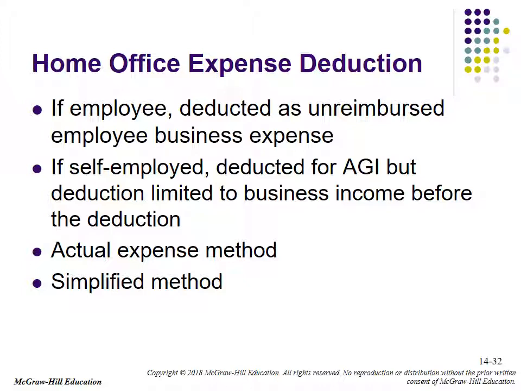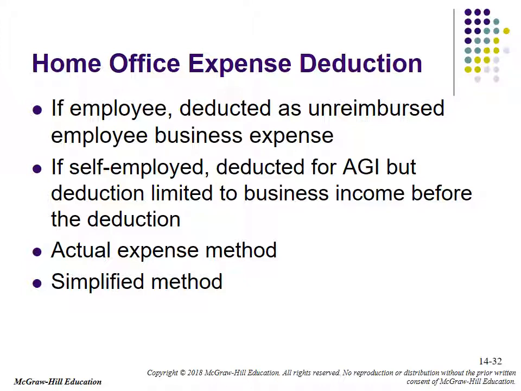For self-employed people, and by the way, that is considered a miscellaneous itemized deduction if you're allowed to take it as an employee. If you're self-employed, you deduct it for AGI, but, and this is key, remember what I said, it's on the Schedule C, and I'm just going to grab a Schedule C where you can take this deduction, and then you can note the line number so that you can check it out if you don't have one in front of you.